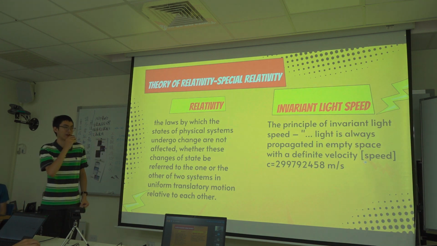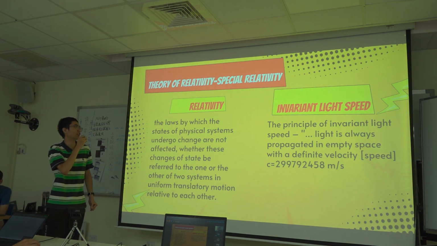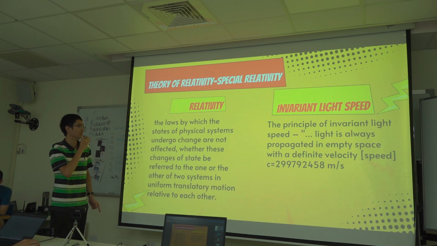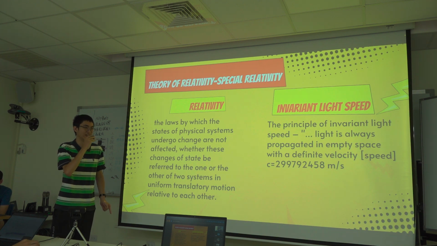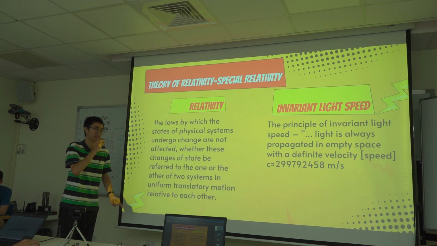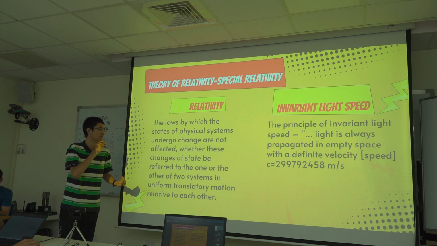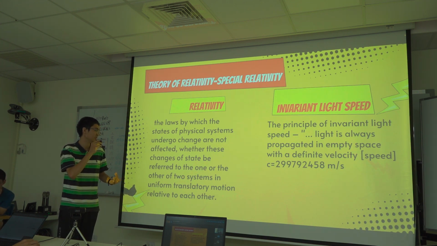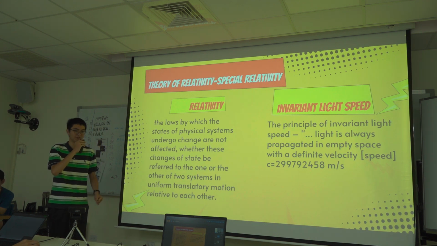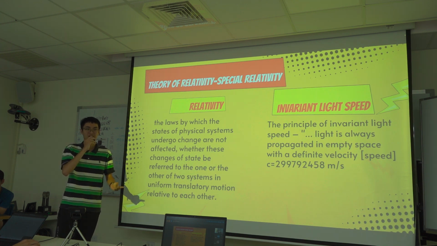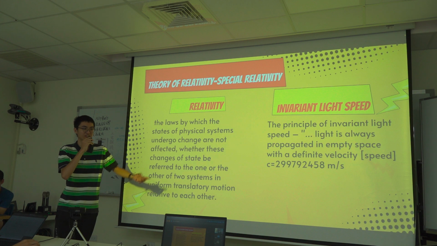And they talked about the theory of special relativity. Einstein said that some states will change and some states will be constant, like the speed of light is a constant.